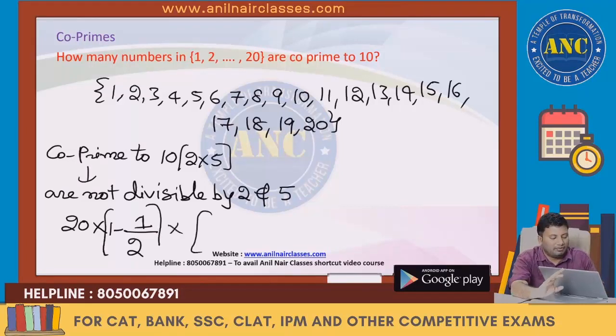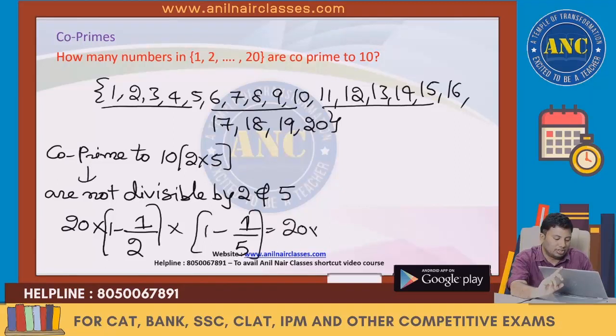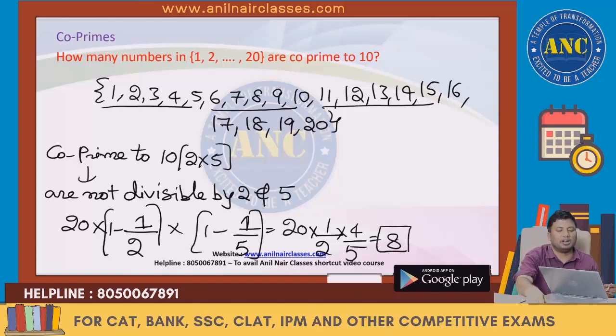Out of every 5 consecutive numbers, one number is divisible by 5, and 4 are not divisible. So 20 into 1 by 2 into 4 by 5, which is nothing but 8.